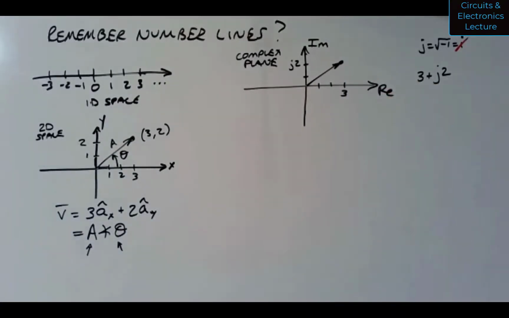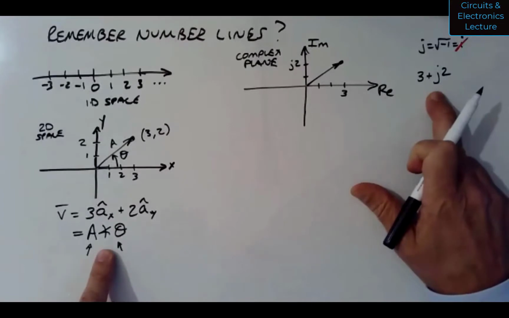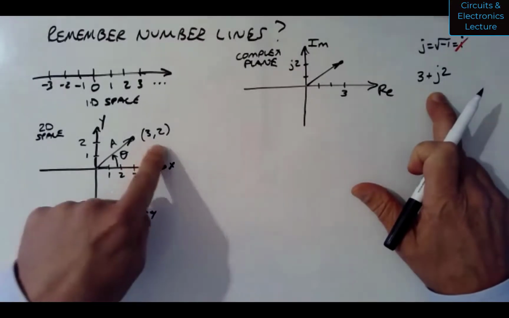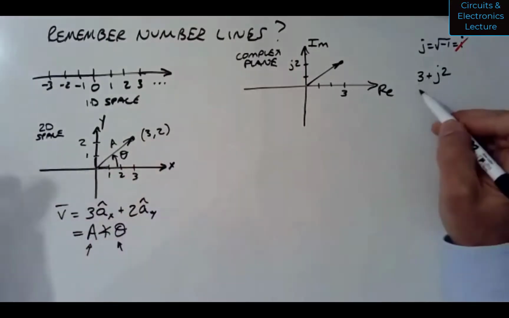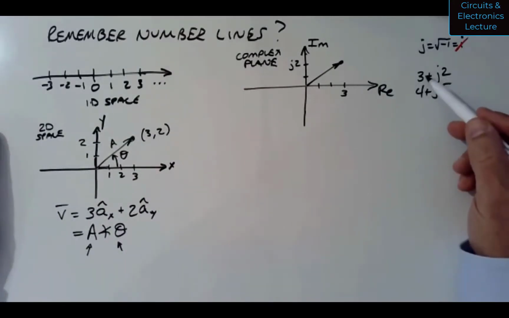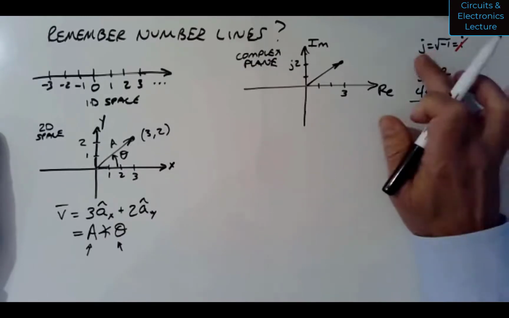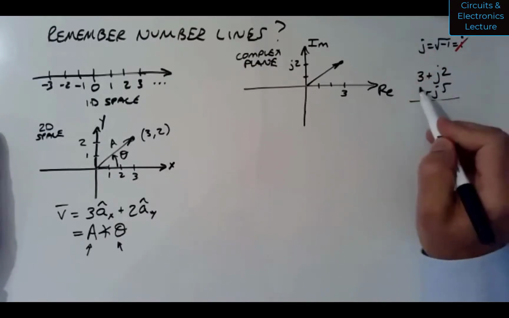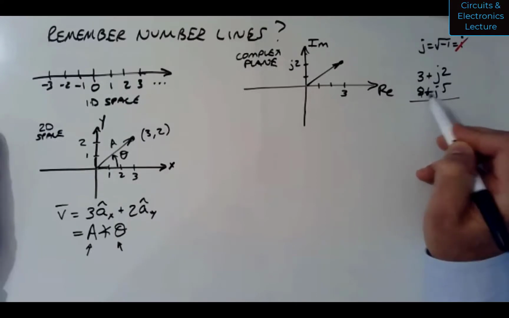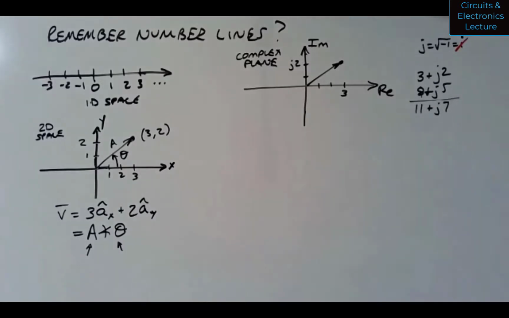Okay. And these complex numbers, when you add them together, work just like 3 comma 2. If I add 4 plus J5, something like that, the result would be 7 plus, that's not a good number, let's do 8. 8 plus J5. I'd get 11 plus J7, right? You add the reals, you add the imaginaries, you get a value.